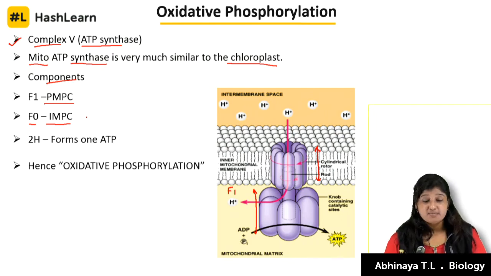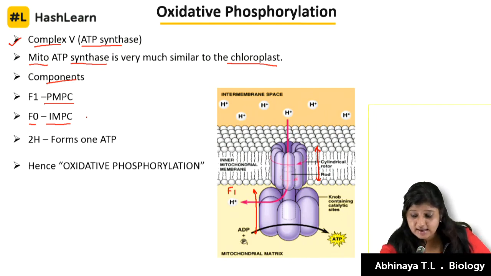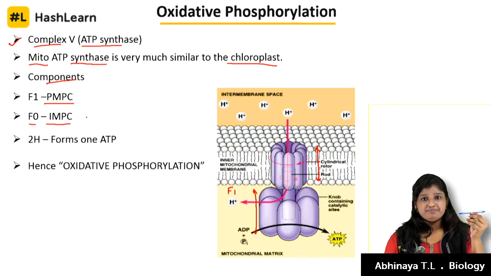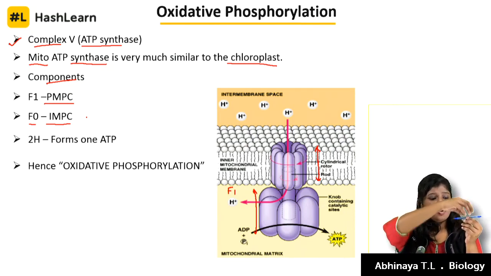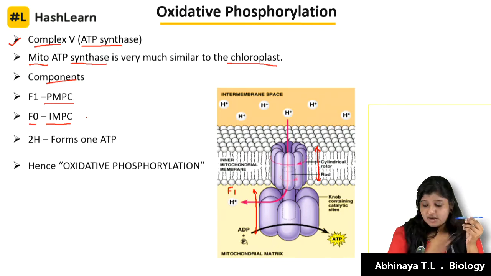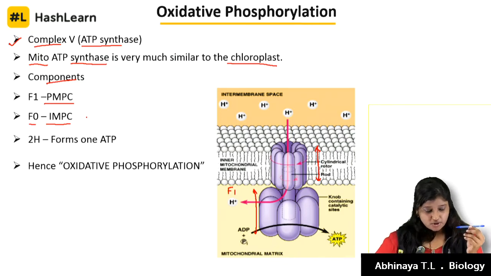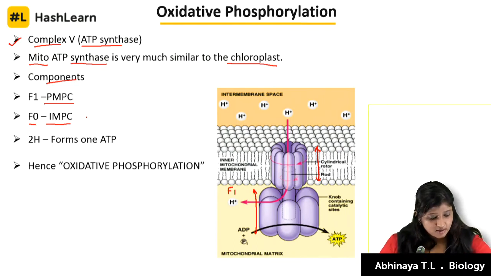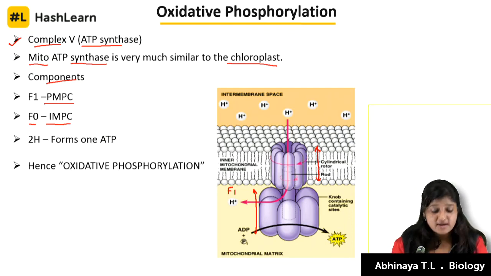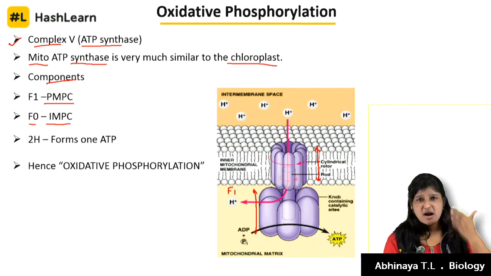Integral membrane is because, just think, if this is the membrane, here is going to be the head piece, as I told. Across this membrane, F0 is going to sit like this. I hope you are able to picturize this. So F0 is across the membrane, it is the one which helps for the passage of protons.